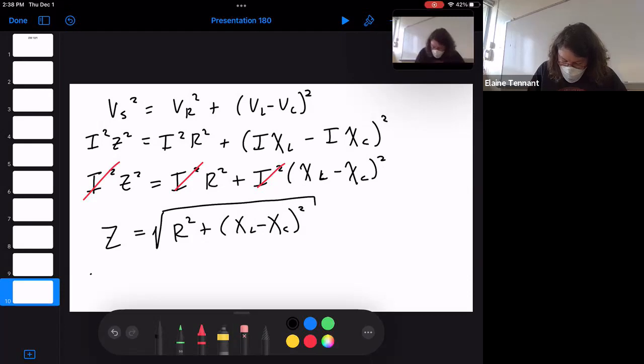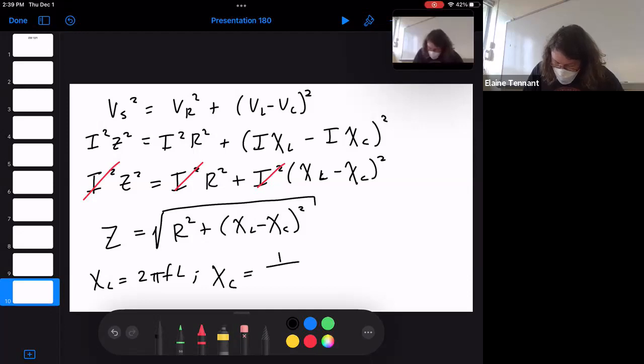Do remember that this is 2 pi F times L, and chi, these are chi's, they're not really X's. And the capacitor reactance is 1 over 2 pi F times C. All right. First off, everyone good there?